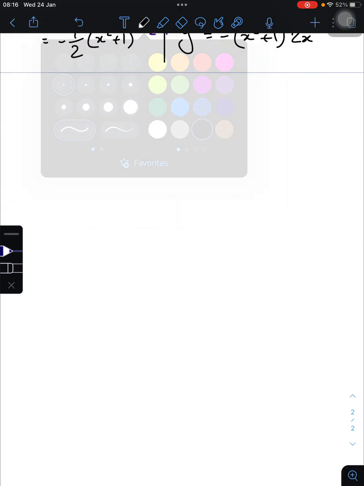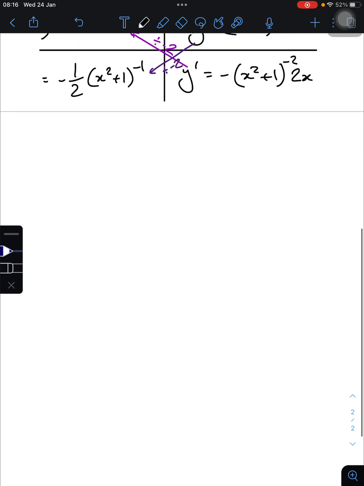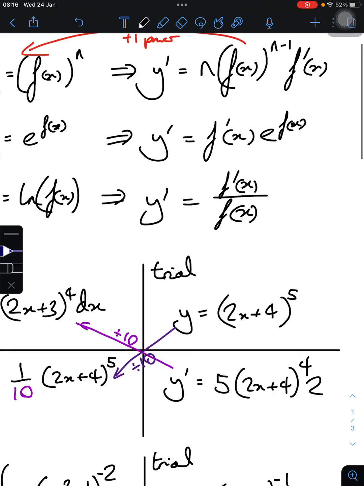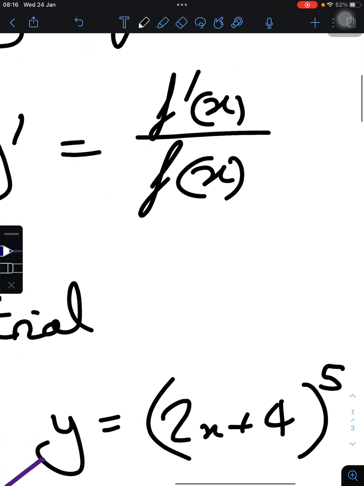Let's do another. So what if I now had the integral of something more complicated, let's say like 1 over 2x plus 4 dx? Well, we recognize that there is a differential form for ln of x, and the key part for the differentials of ln of x is that they're going to be to the power of 1.